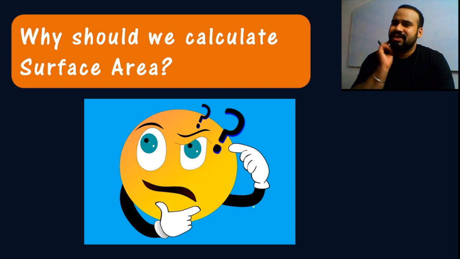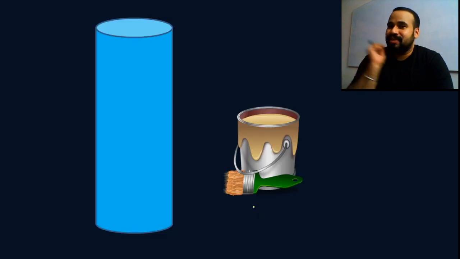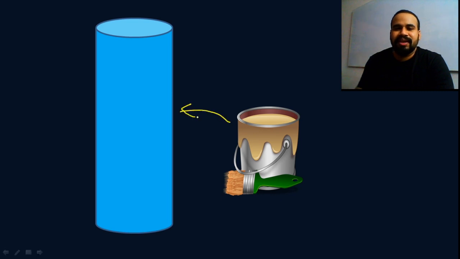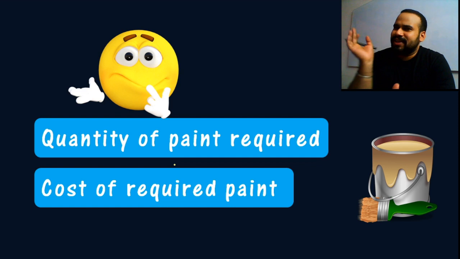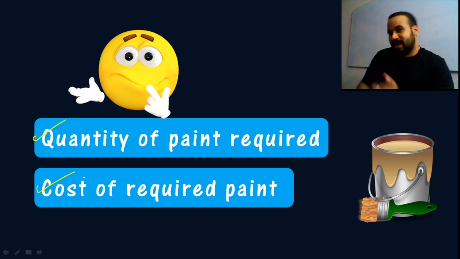Let me just explain that using an example. Let's say you have to paint this cylindrical structure over here. If you have to estimate the quantity of paint required and cost of the required paint, you will have to calculate the surface area of that cylindrical structure.